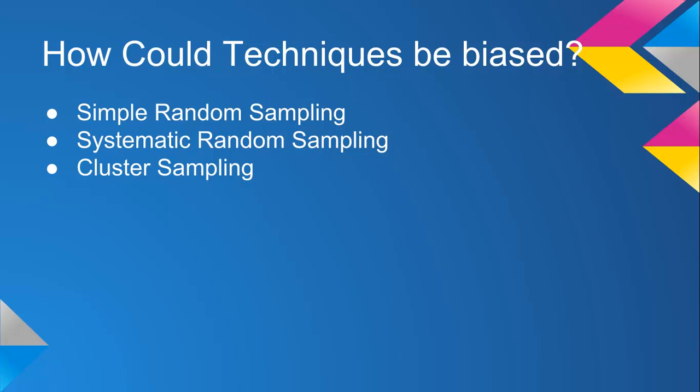It can also be biased if the groups are small but very specific, and we only randomly pick 3 groups, and say they're all senior math classes. That's not a good representation of the population. They're all just senior classes. That's not a good representation either.